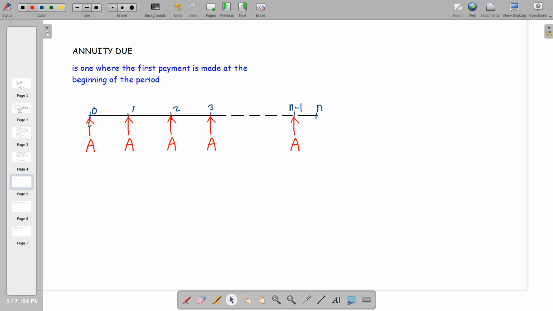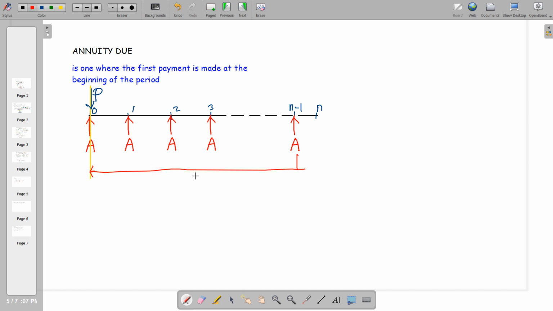So how shall we treat this one? Now, if we are concerned with the present equivalent of this, say the P equivalent, we will just treat all of this from 1 to n-1 as ordinary annuity, since we are going backwards here, and then just add the annuity that is coinciding at the present period. So all of this shall be brought to the present time.